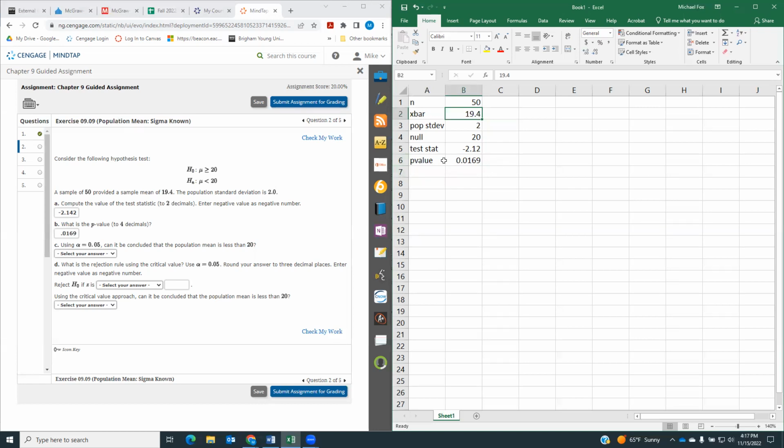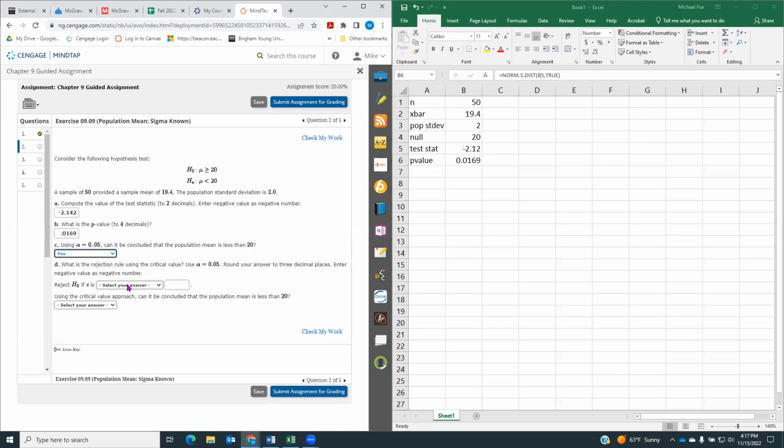And so the way we use the p-value approach is we say, if the p-value we calculated for this test statistic is less than alpha, then we're going to conclude that the mean really has gone lower, meaning it is lower enough than the mean that it is highly likely that the mean really has changed. Okay, so we're going to say, yes, given this, we can conclude the population mean is less than 20.